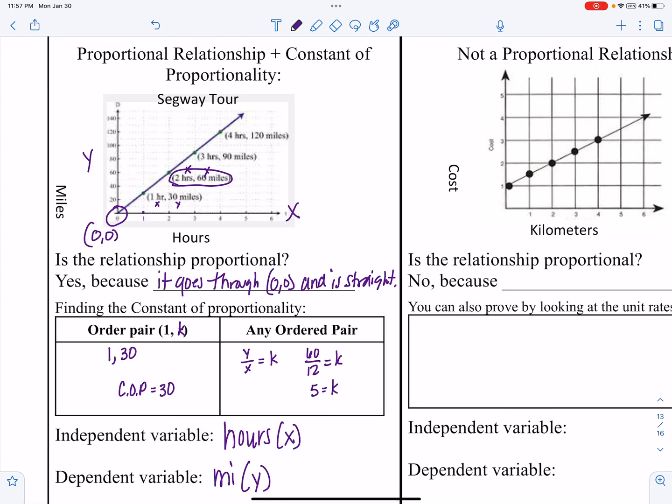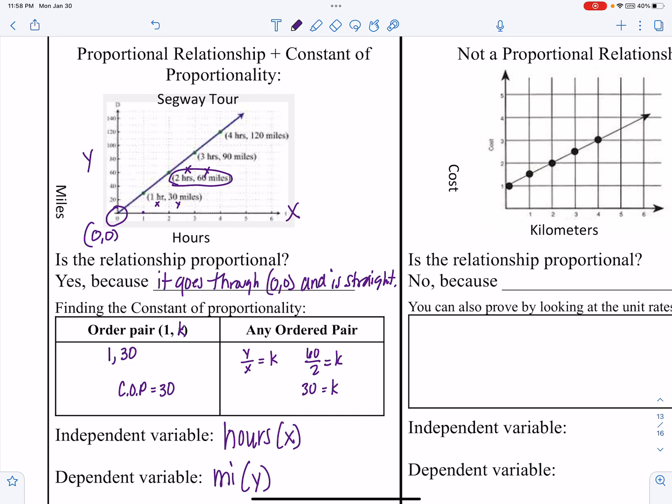Okay, and then we can test. That doesn't make sense, right? Because, oh, that's because it's not a 12, it's a 2. So that's why it wasn't working when it should have worked. So 60 divided by 2 is 30, which is now accurate.